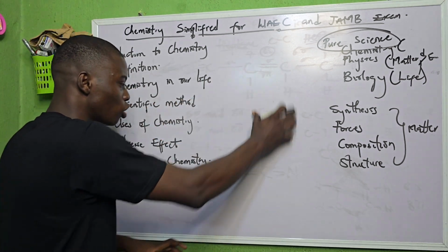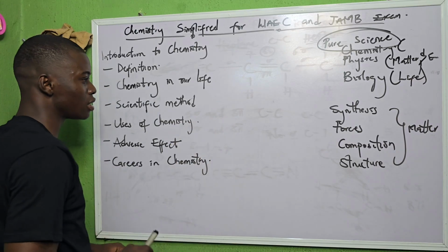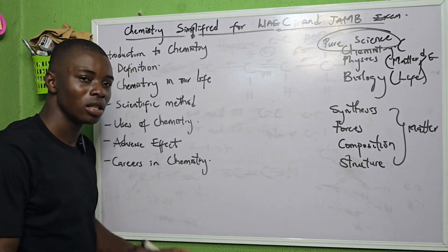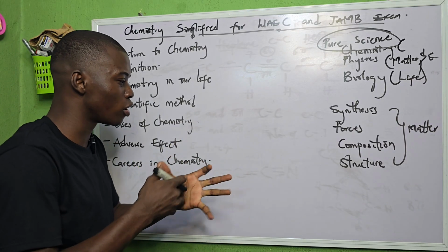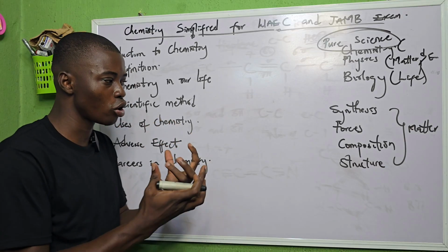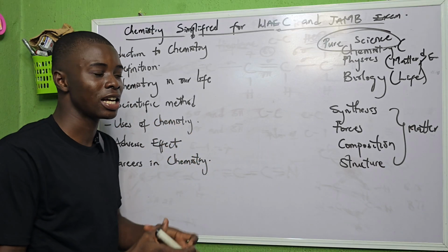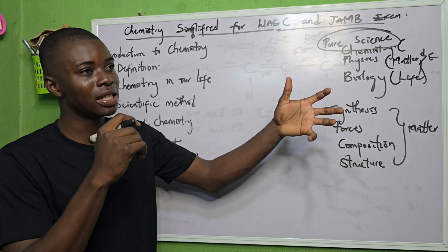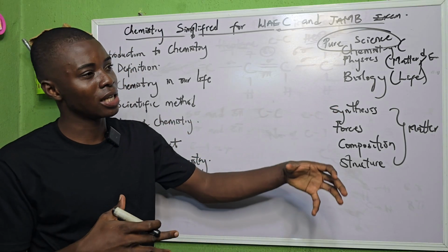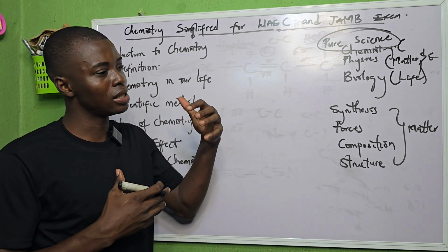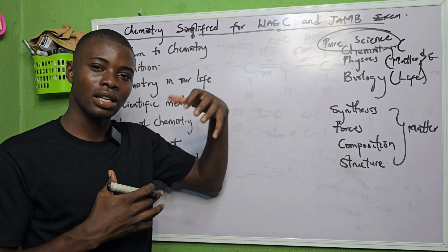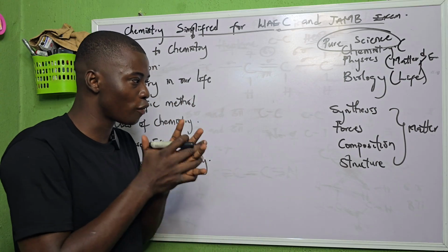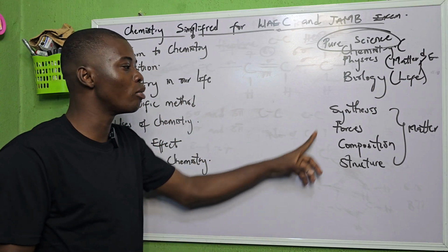What is the composition of this board? What does this board even contain? What does this marker contain? The phone you are holding now, what is the composition of that phone? What is the structure of your phone? What are the forces that are holding the screen guard, the battery, the memory card, the SIM card, the pouch to the phone? What are those forces? And how was the phone formed?